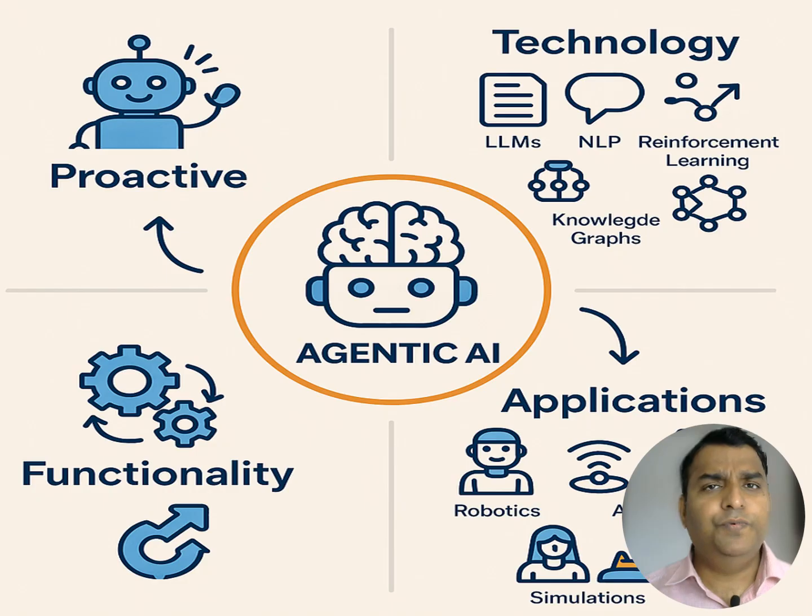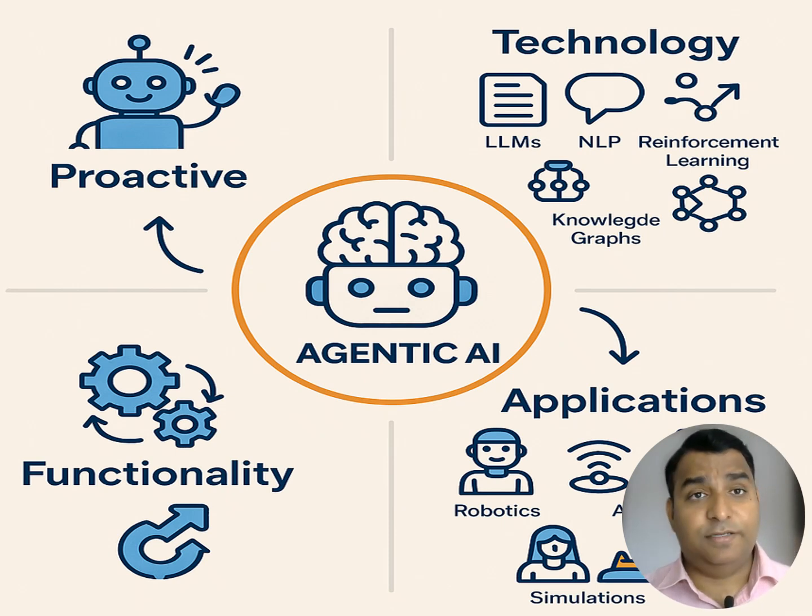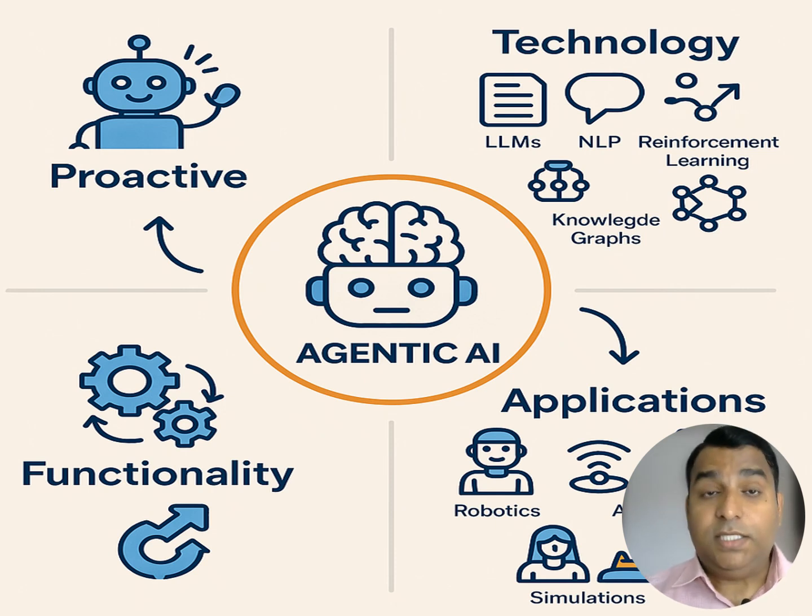Now let's move to agentic AI and discuss it in detail. Agentic AI we used to call autonomous intelligence in action. Agentic AI represents the next evolution in artificial intelligence, one that not only generates content or analyzes data, but also autonomously makes decisions and takes action to achieve complex goals.